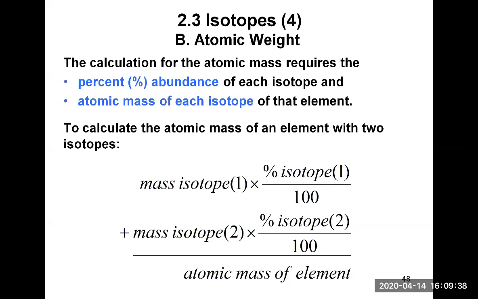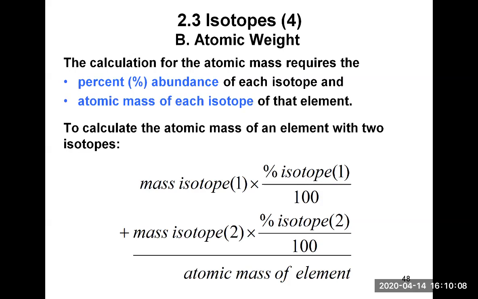So the contribution of isotope 1 to the mass is equal to the mass of isotope 1 times the percent abundance of isotope 1 divided by 100. And then the contribution of isotope 2 is the same: the mass of isotope 2 times the percent abundance of isotope 2 divided by 100.